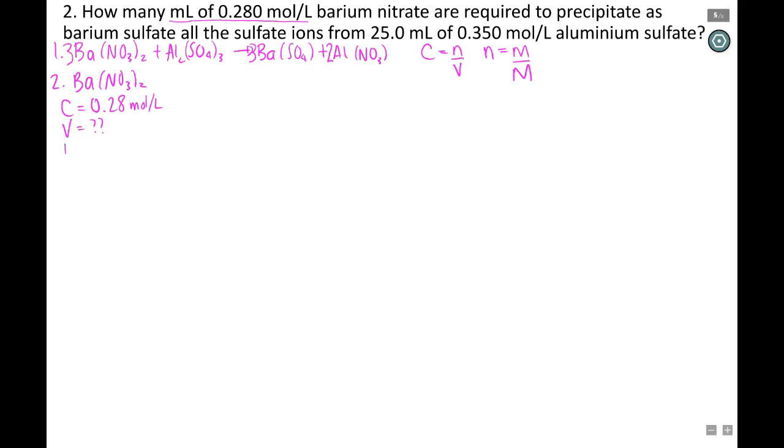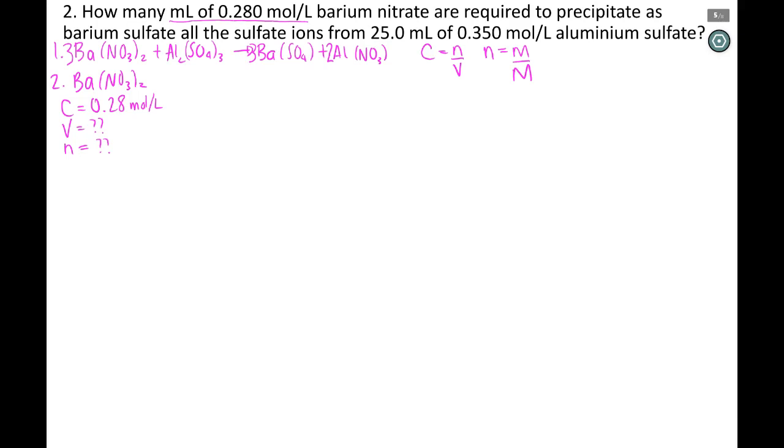And do we know our moles? We also don't know our moles either. Now, we need to use this equation, and we're missing 2 lots of information. So in order to work out our volume, we're missing 2 components. That is where the other equation, n over MM, comes in handy.